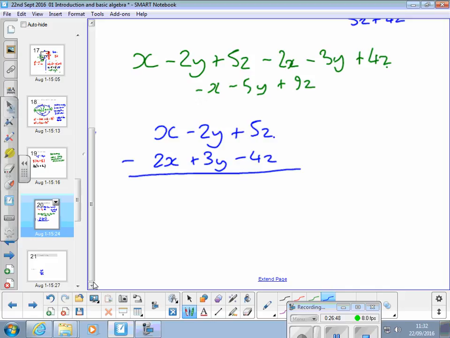And then deal with it column-wise. So the x column, x minus 2x is minus x, minus 2y plus minus 3y is minus 5y, 5z minus 4z is plus 9z.